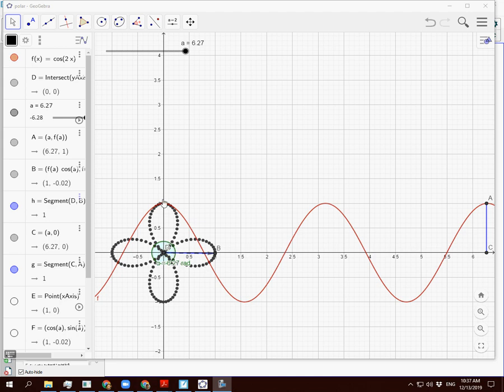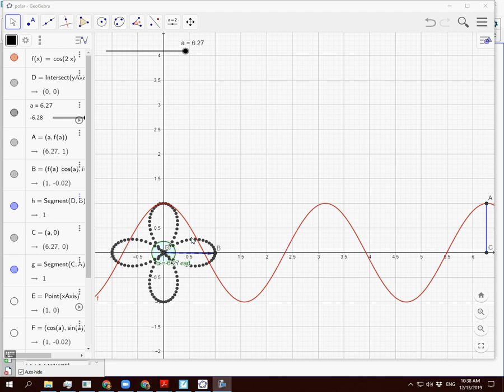It's symmetric with respect to theta equals pi halves, because these points reflect to these points. It's also symmetric with respect to the pole, because this point here reflects through the pole to this point here. Kind of similar to origin symmetry in rectangular.